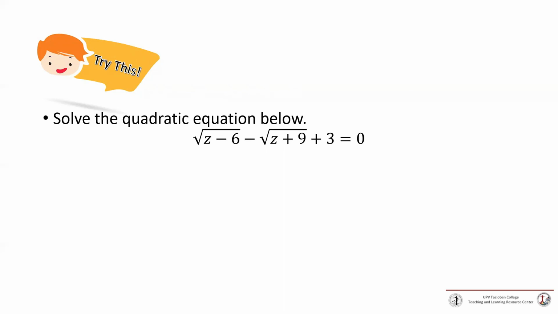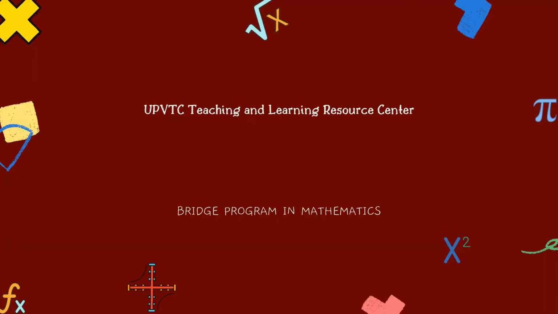This is not a quadratic equation, but this is actually a radical equation. Okay, so take note of the correction. We have the square root of z minus 6 minus the square root of z plus 9 plus 3 is equal to 0. So you solve that radical equation.